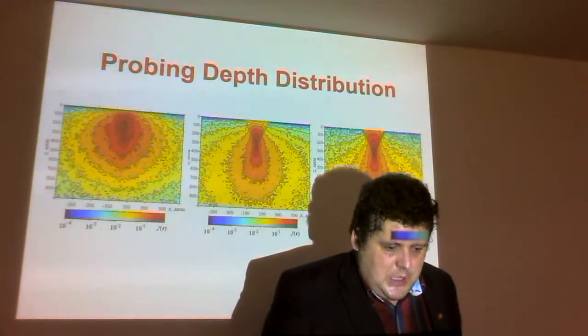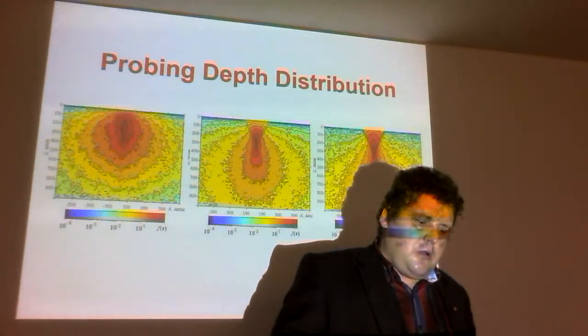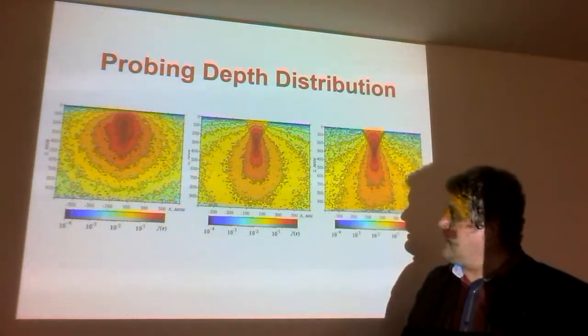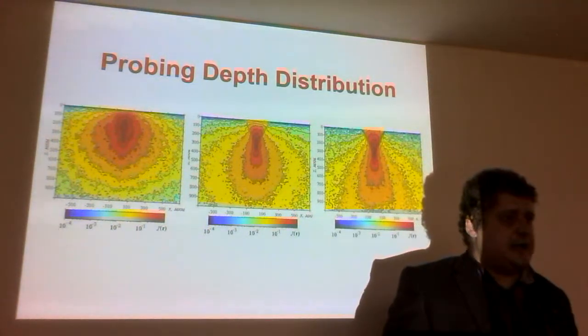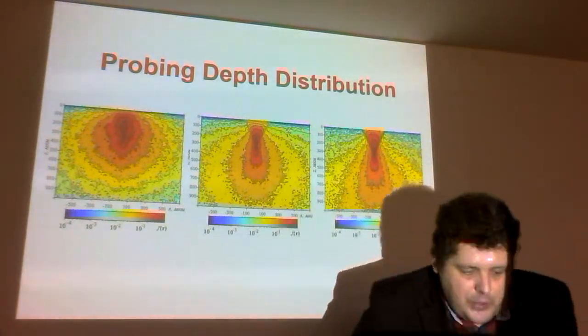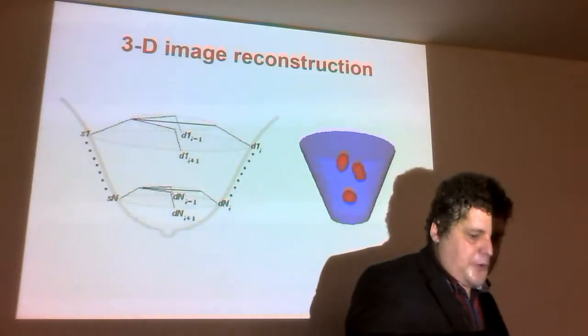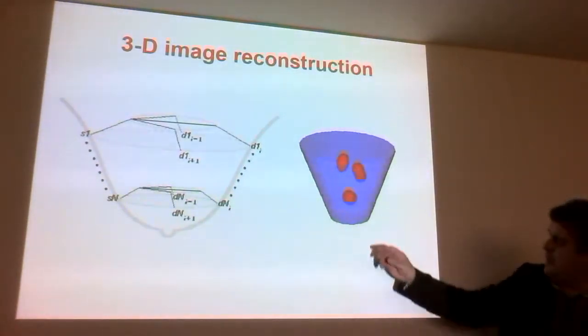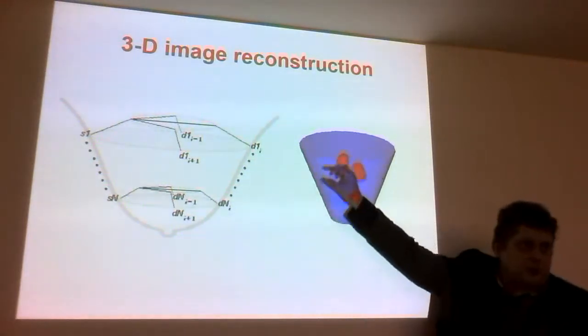So what I want to say is that Monte Carlo is a nice tool for describing the propagation of light within biological tissues, and it can be used for skin, and we also used it for optical tomography when we just started, to find out the position of tumors.